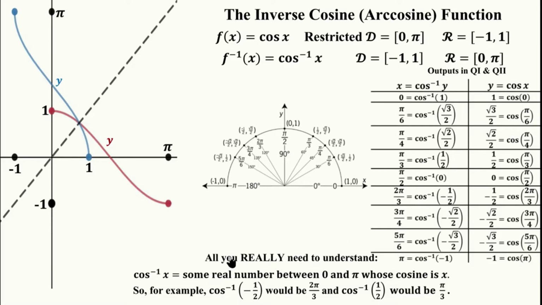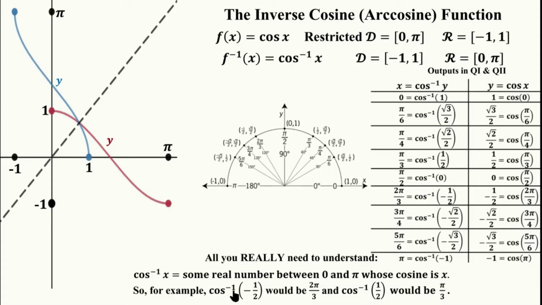And again, the real important thing to understand is that when you're looking for the inverse cosine of some value, you're basically looking for some real number in radian measure or some angle in degree measure whose cosine, meaning the x value, is that number x. So don't be confused. We don't mean the same x here as we mean by the x coordinate here.